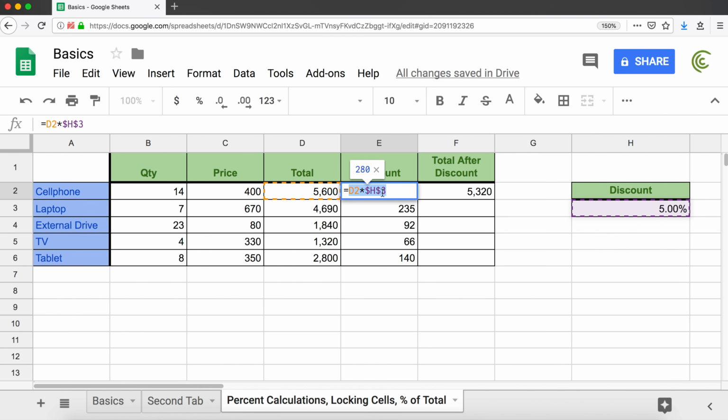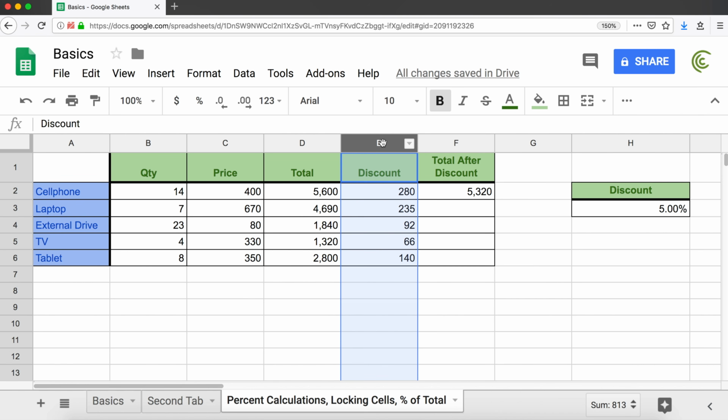So I'm going to copy that, hit escape, go back to this total after discount, and replace this E2 with the formula that's in that E2 cell. I'm going to delete that and paste what I had. My new formula, see, doesn't refer to E anywhere. So I'm going to hit enter.